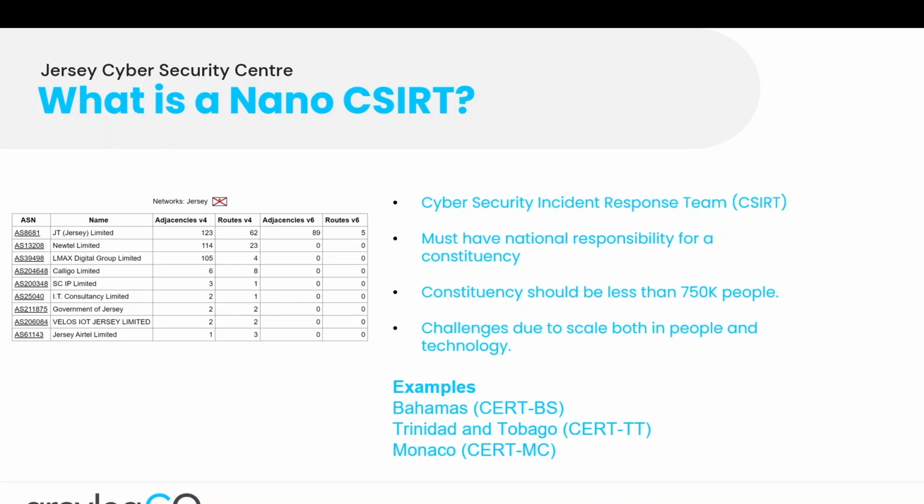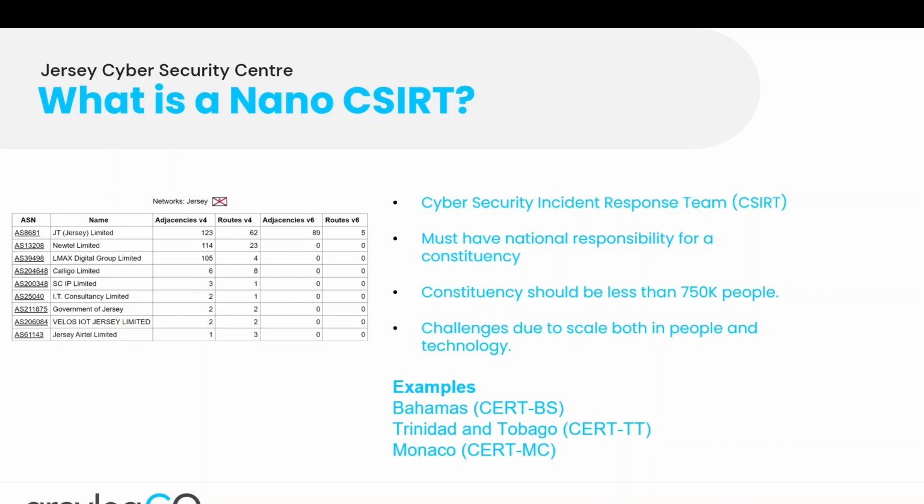The term was coined by myself at a First.org conference recently, and generally your constituency should be less than 750,000 people. Nano National CSIRTs have challenges due to scale, both in people and technology. Solutions that you could use for bigger national CSIRTs don't scale down, and then you're trying to do more things with more people in a small national CSIRT.